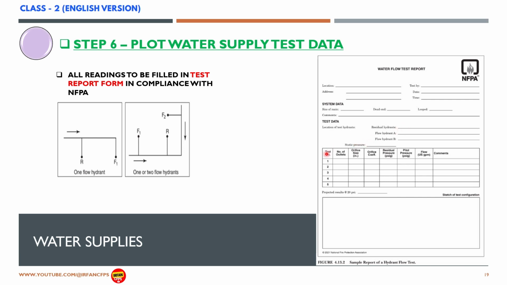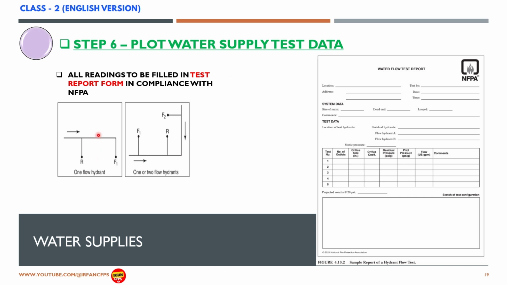Apart from that, how many tests we have conducted, that is shown here. If we conduct only one test, then the number of outlets we considered should be mentioned in this form: the orifice size, orifice coefficient, residual pressure, pitot pressure, and from the pitot pressure we'll be able to calculate the flow. This report has to be prepared and submitted for the approval authority in order to take the approval.